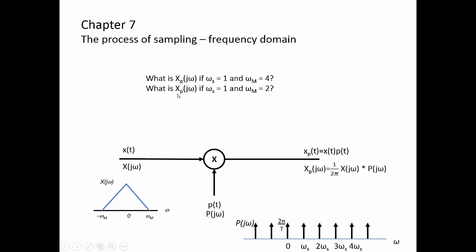Likewise, what is xp of j omega if omega s is 1 and omega m is 2? If omega m is 3 halves, and if omega m is 1. Working out these 4 problems and bringing the answers with you to class is your assignment.